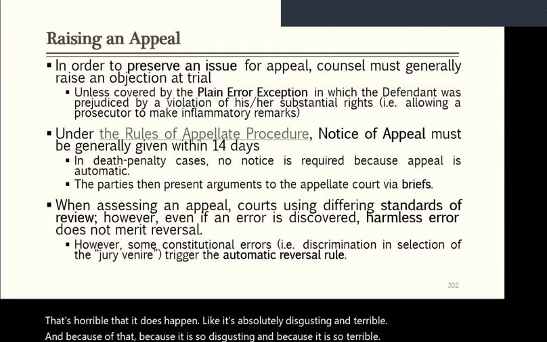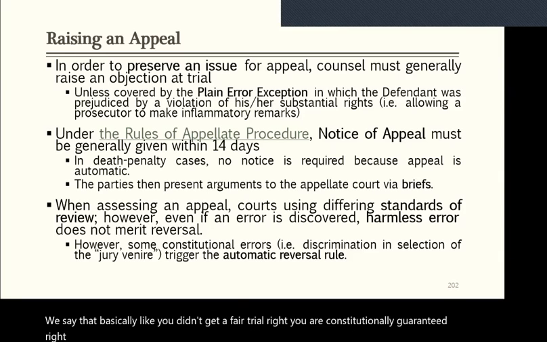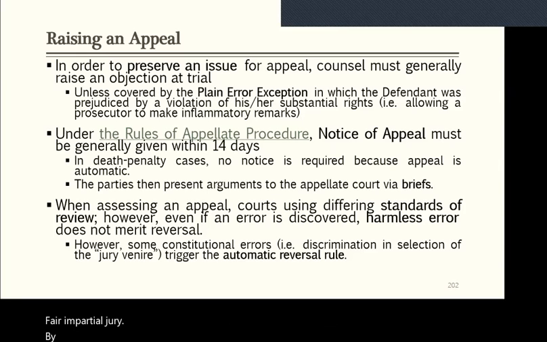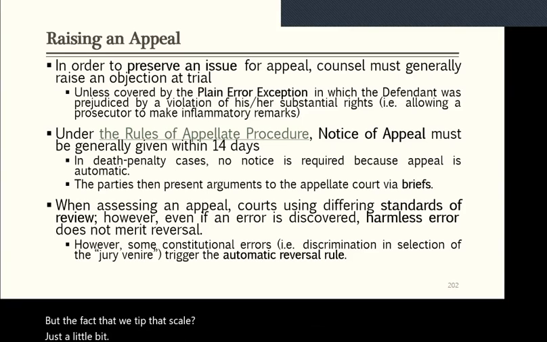And because it is so disgusting and so terrible, we say that basically you didn't get a fair trial, right? You are constitutionally guaranteed a right to a fair, impartial jury, right? And by tipping the scale, even if it's unquestionable that you are unbelievably guilty, the fact that we tip that scale just a little bit means you get a new trial, right?